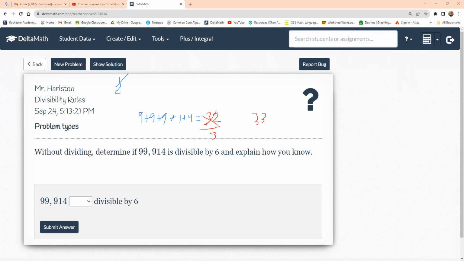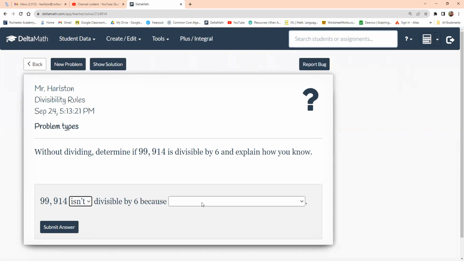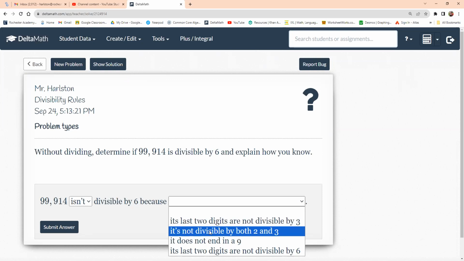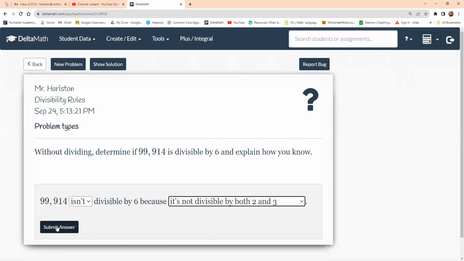That means this number is not divisible by 6, because it's not divisible by 3. It has to be divisible by 2 and by 3, and it's not. So let's clear all of this stuff, and we would say it's not divisible because it's not divisible by both 2 and 3. That would be our answer.